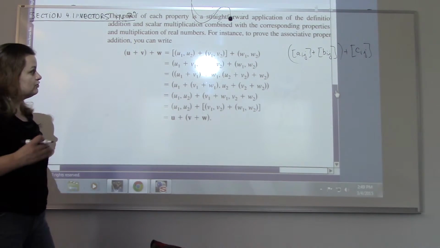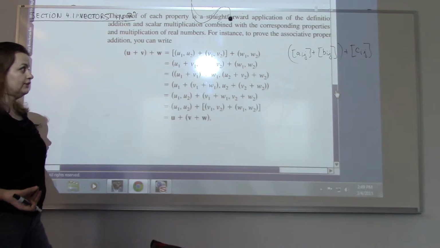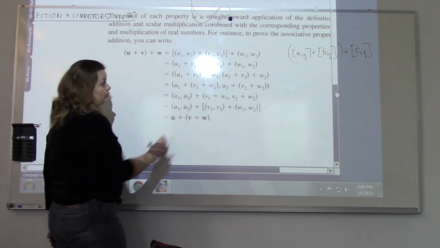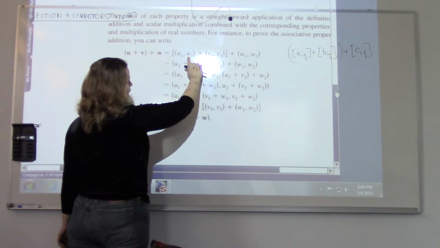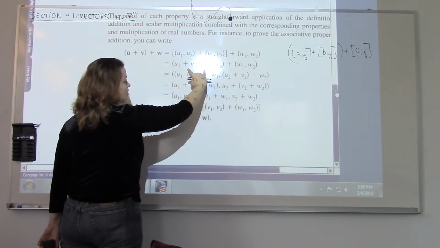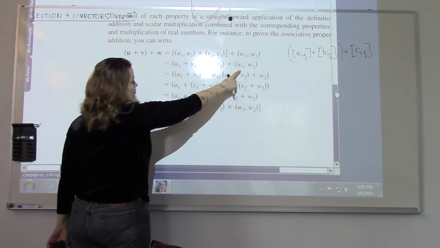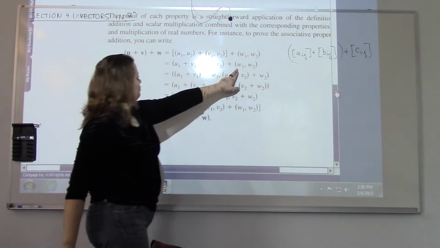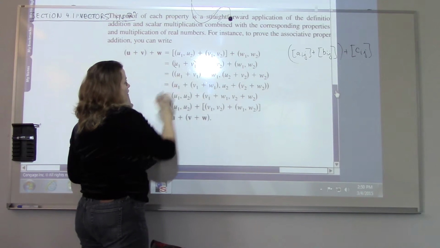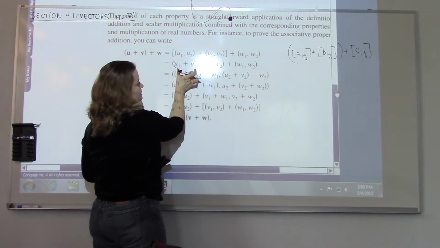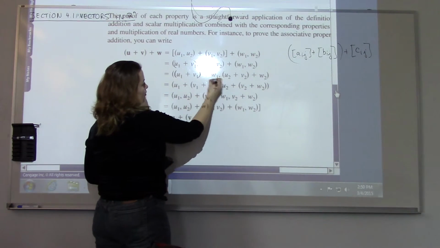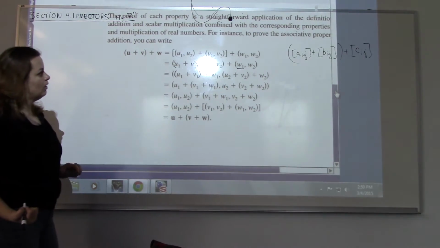We try to use properties of real numbers in order to prove these properties of vectors in R2. So what we do is we add parentheses first, just like in algebra. We add component-wise the vectors in the parentheses, and then we bring in our w1, w2 vector. So how does this work? We have u1 plus v1 up here, and to it we add the component w1.